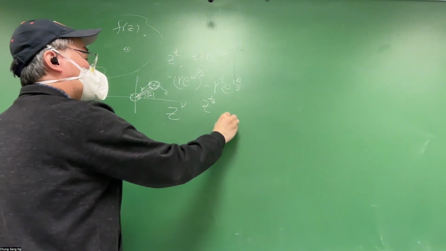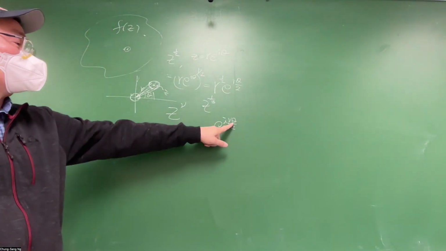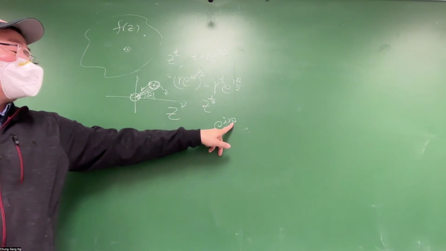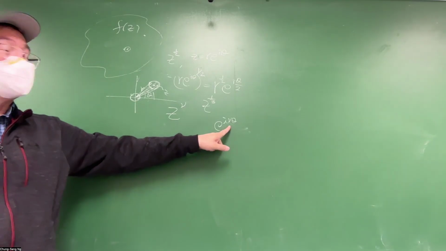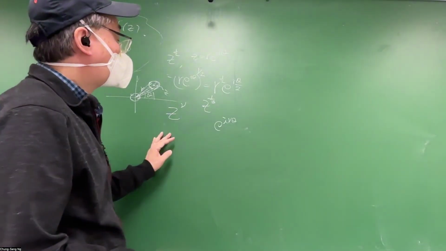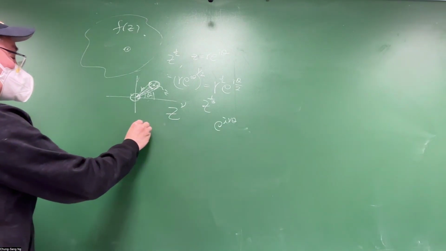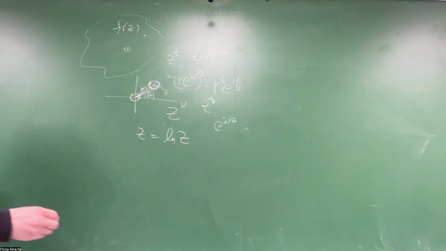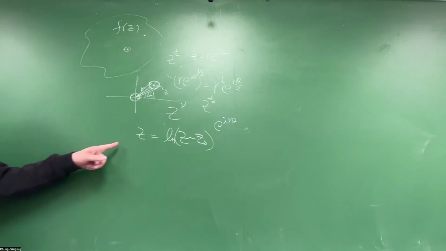It is e to the i mu theta, where theta increases by 2 pi times an integer n, and that is not 1 because mu is a real number. Another function with infinite branches, we talked about that before, is the log of z minus c, which we define slightly more generally, right?